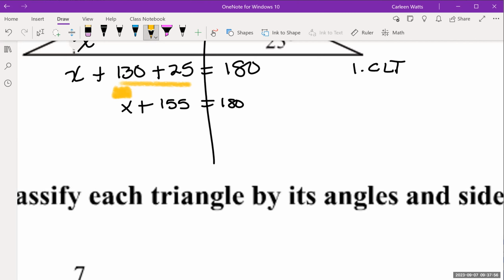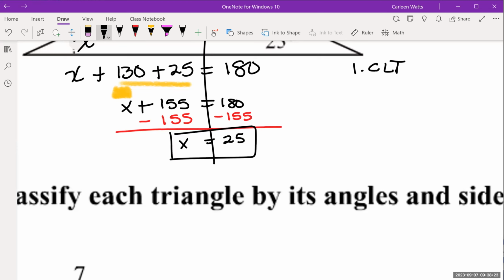All right, thank you. Subtract. Subtract 155 from both sides because we have to keep the sides balanced. So x is equal to, how much is that? 25.